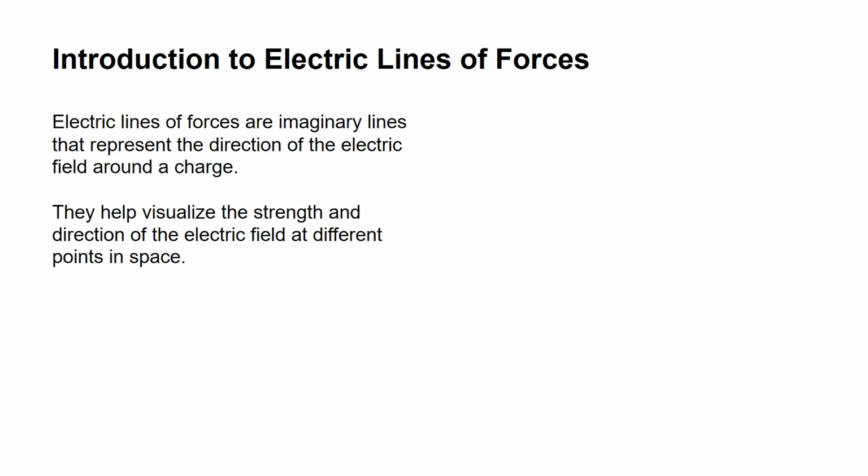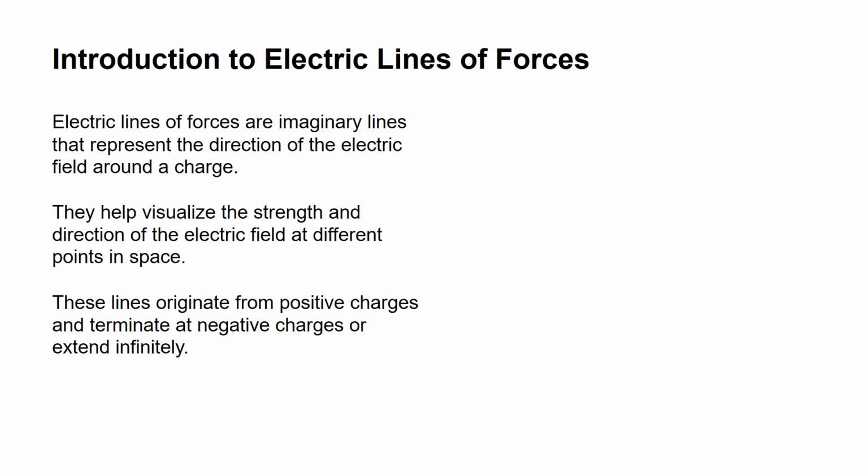That is why electrical lines of forces can help to visualize the strength and direction of electric field at different points in space. These lines usually originate from positive charges and terminate at negative charges or extend infinitely.